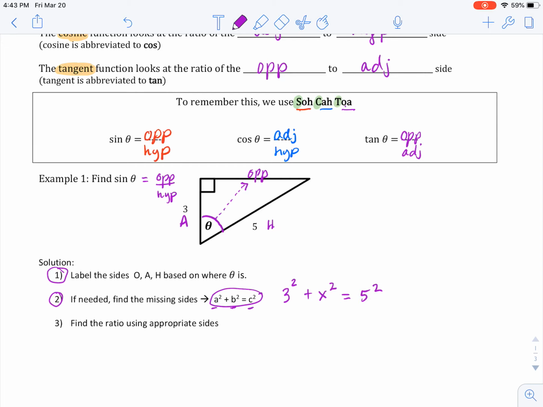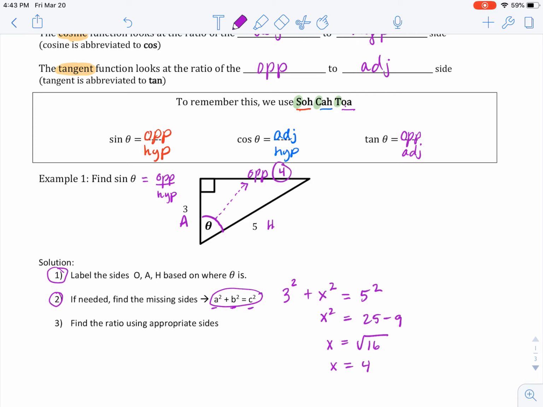So I need to solve for X. I'm going to subtract the 3 squared, or the 9, from 25. And square root both sides. And remember, you don't want the negative value, just the positive, because it's a measure of a length of a side of a triangle. So our opposite side is 4.